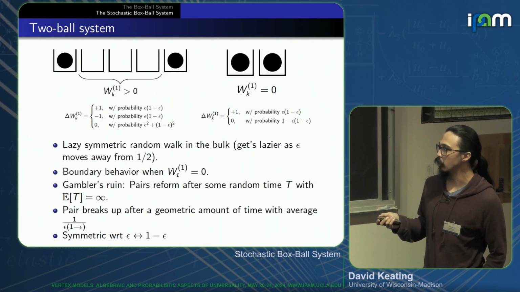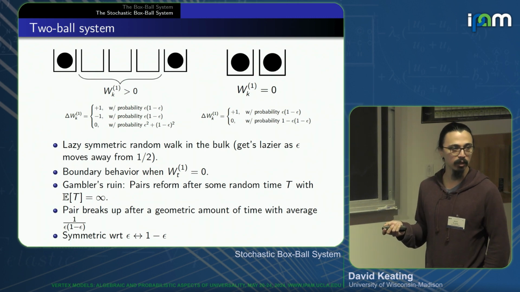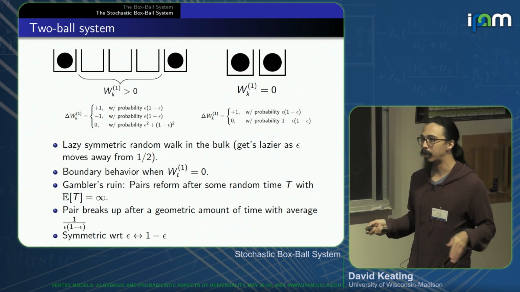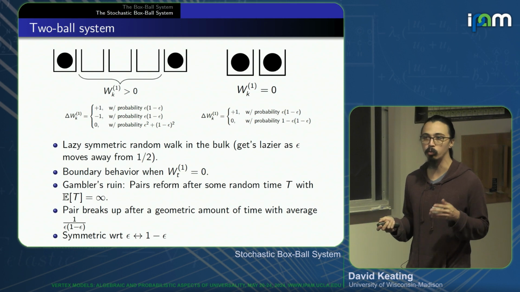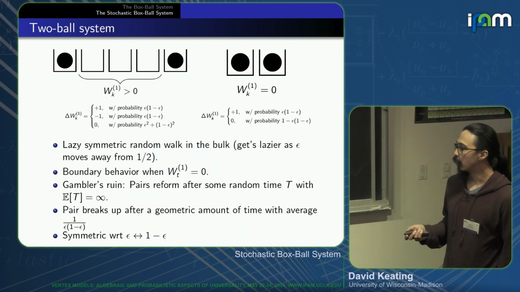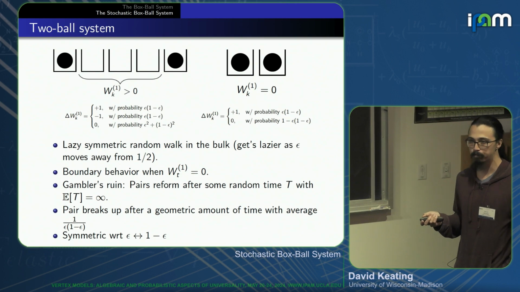When you're at 0, there's just some boundary behavior. As Leo asked earlier, you can use a gambler's ruin problem to say that pairs will reform almost surely, but the time it takes on average is infinite. And they'll break up after a geometric amount of time, with average 1 over epsilon times 1 minus epsilon.